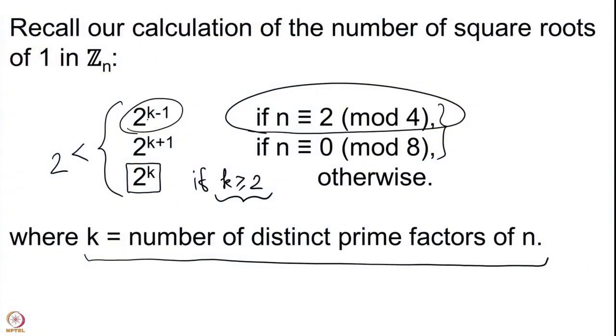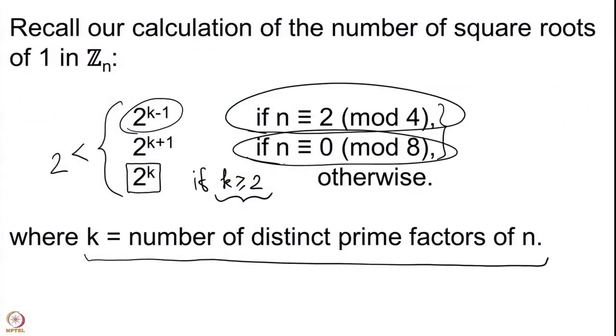So, you are looking at all other odd primes, and therefore, if you have k minus 1 odd prime factors together with 2, where that k minus 1 is 2 or more, which means to say that k is 3 or more, the total number of prime factors including 2 is 3 or more, and 4 does not divide the number, then you cannot have the group UN to be cyclic.